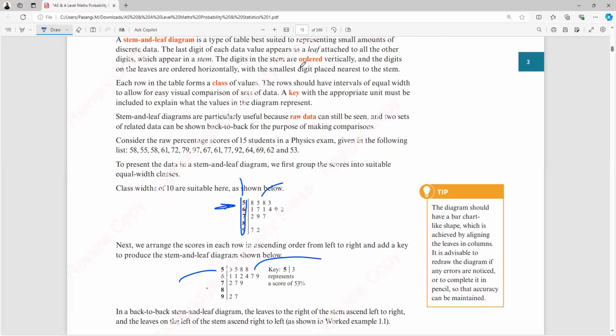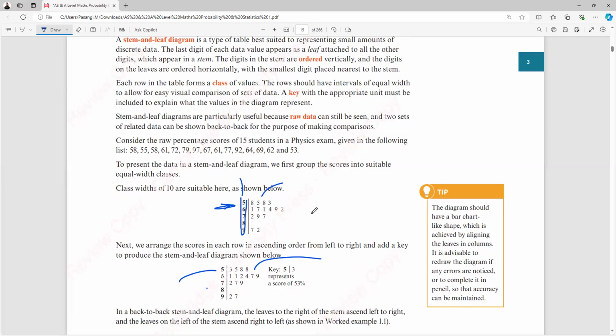Now what will happen? A key with the appropriate unit must be included to explain what the values in the diagram represent. So stem and leaf diagrams are particularly useful because raw data can still be seen.